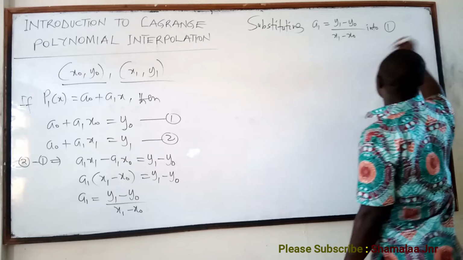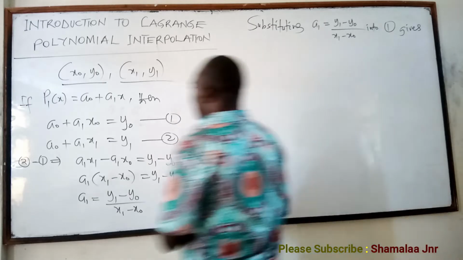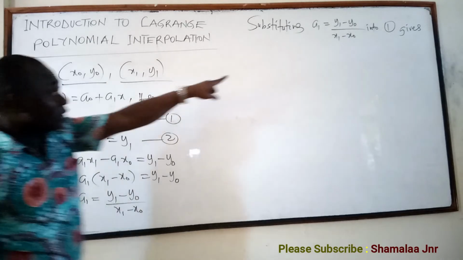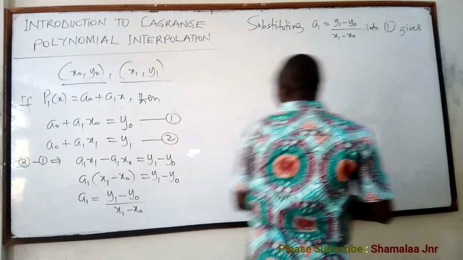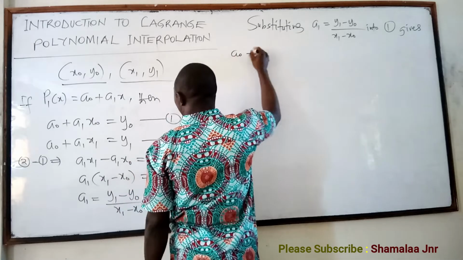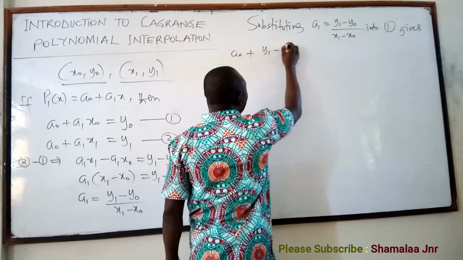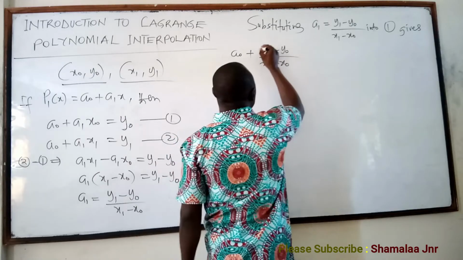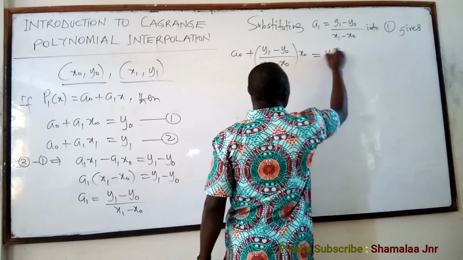Don't forget to circle your equations. Wherever we see a1 in equation 1, we are going to put y1 minus y0 over x1 minus x0. So it's going to be a0 plus y1 minus y0 over x1 minus x0 times x0, and this is equal to y0.